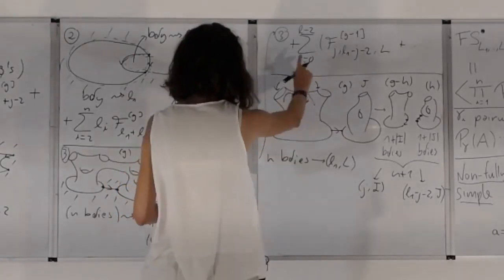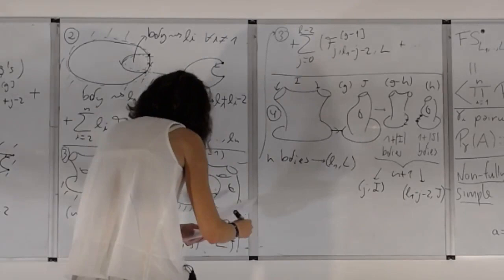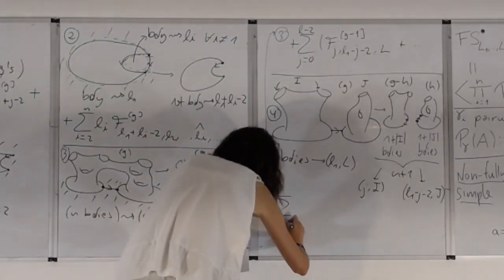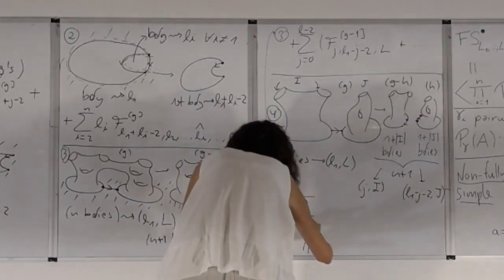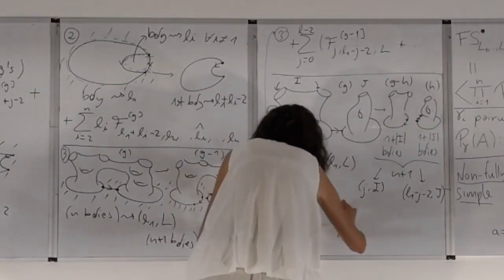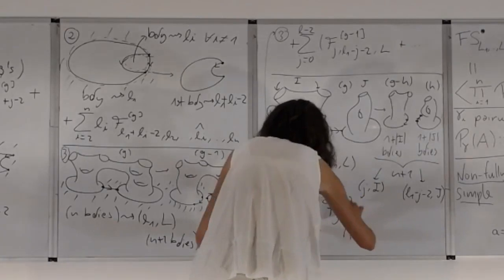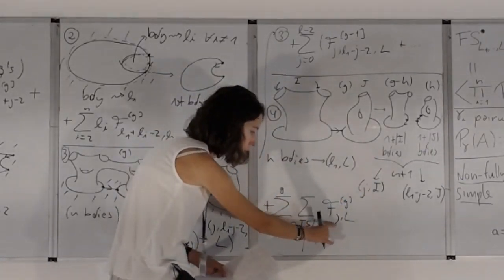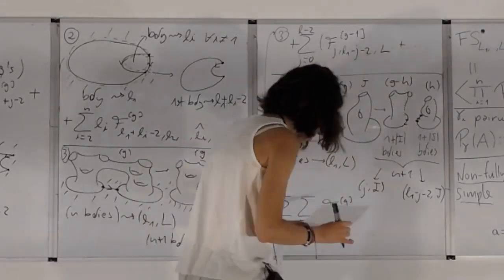So this corresponds, and this is the term number 4, to this sum. So we sum over h from 0 to g, and then we sum over all possible I's inside L, and we have maps with one extra boundary of length j, and the rest of the boundaries stay the same.